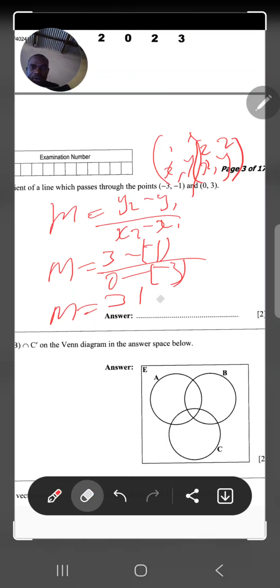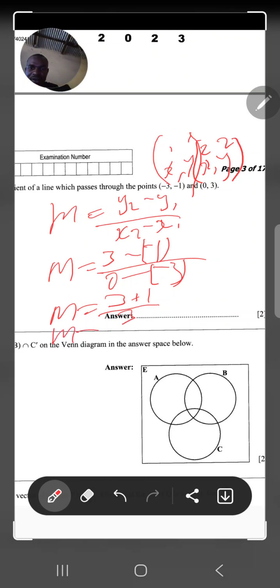Okay, so we said negative negative is positive, that is 1 divided by, negative negative is just positive, and 0 plus any number is just that number, so here it will be 3.